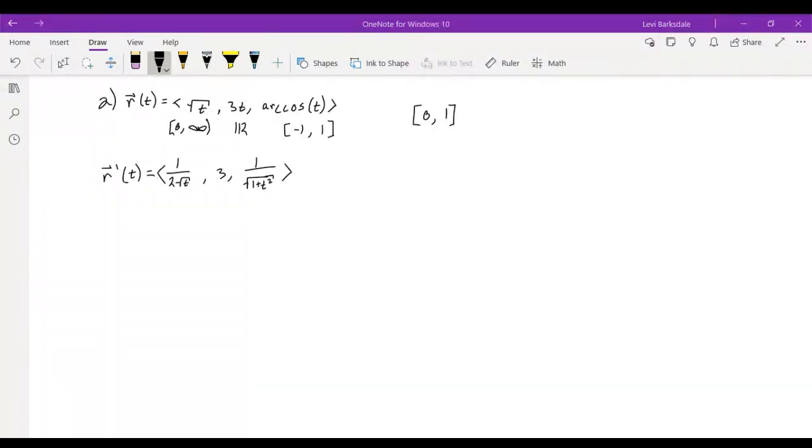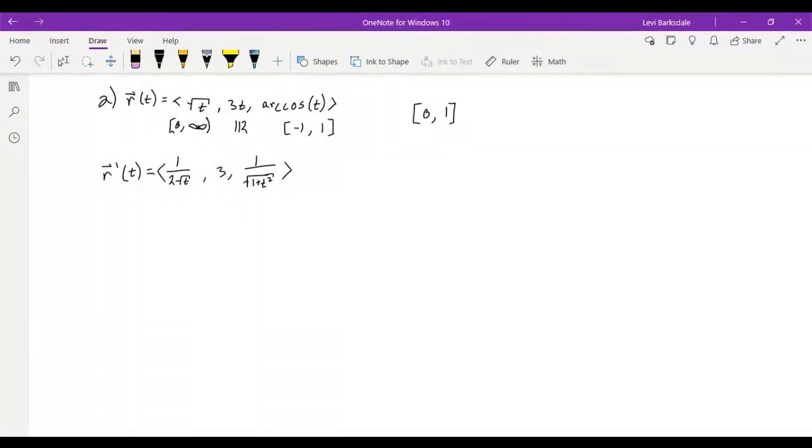And let me double check that. Whoops, that should be -1 over, I was wrong there. That needs to be -1 over 1 minus t squared. Perfect.